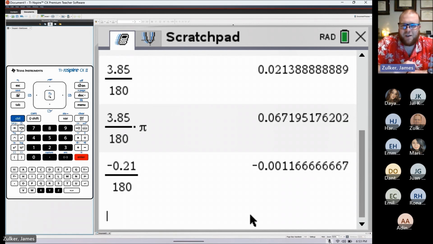As a general rule of thumb here, you're not going to put it in fraction form. Negative 0.0012, let's say.